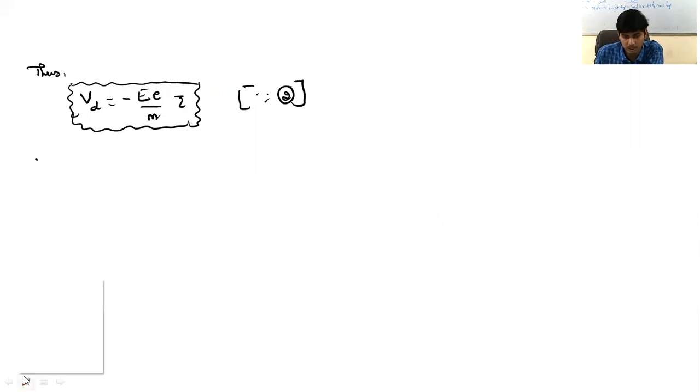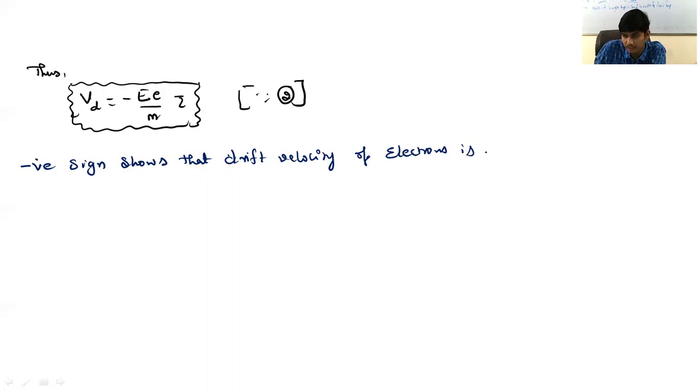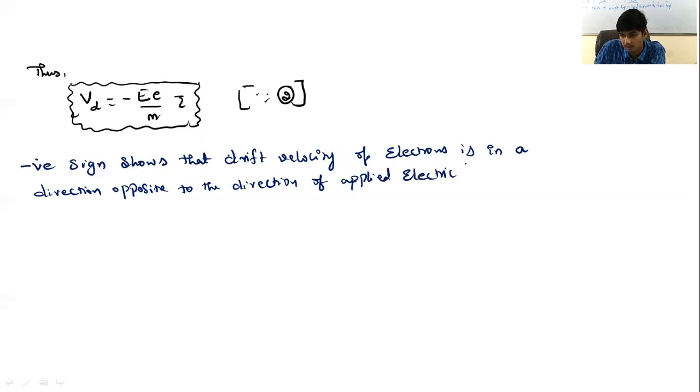The negative sign here shows that the drift velocity of electrons is in a direction opposite to the direction of the applied electric field.